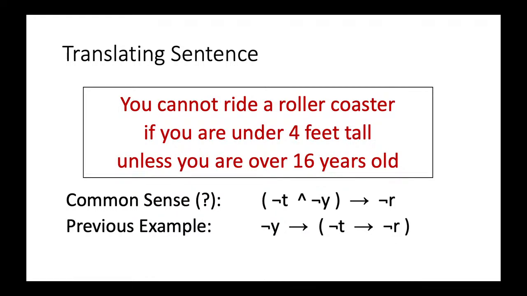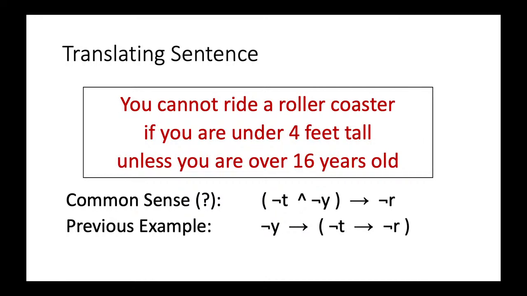So this format is by the previous example. Oh, I see another case by Cody, which may not be correct, but let's get back here. The second part comes from the previous example: how do we interpret unless? And the first part is actually coming from the common sense.